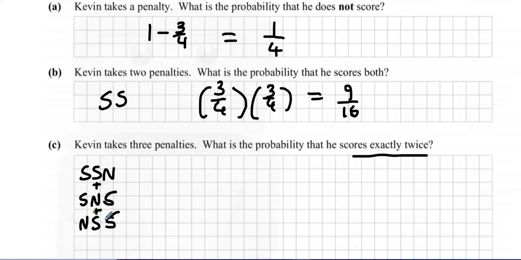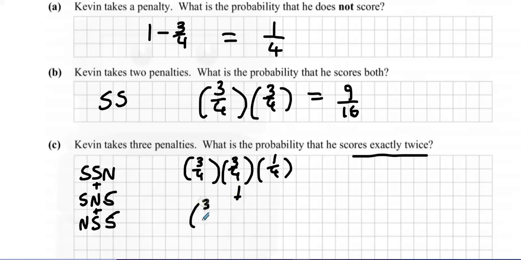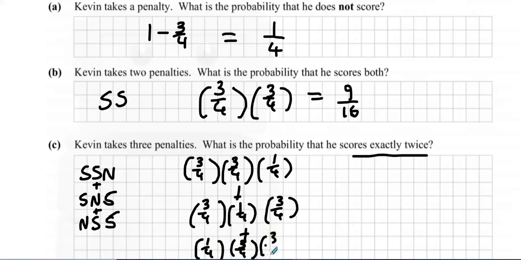That's going to be 3/4 multiplied by 3/4 multiplied by 1/4, plus 3/4 multiplied by 1/4 multiplied by 3/4, plus 1/4 multiplied by 3/4 multiplied by 3/4.